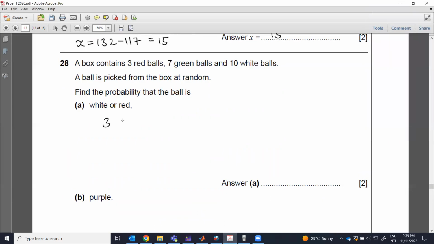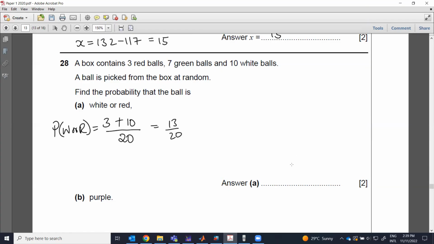So we have 3 red and 10 white. And then we divide this by the total. So it's 3 plus 7 plus 10. This is 20. So the probability that we have white or red is the number of red and white divided by the total. So this is 13 over 20.